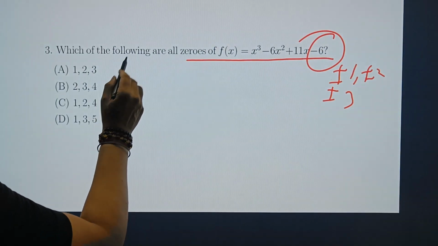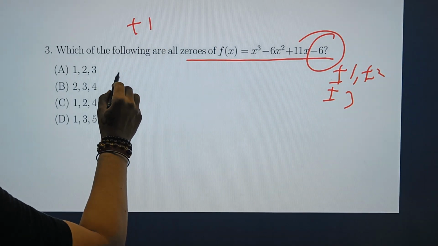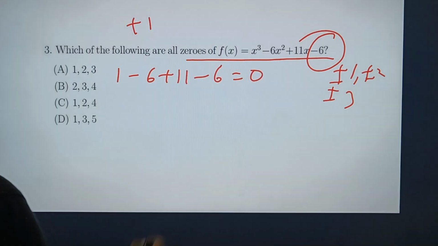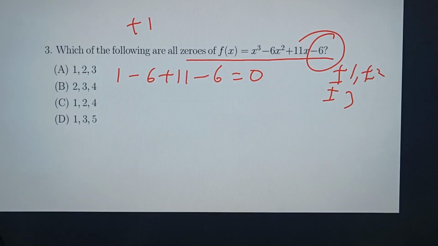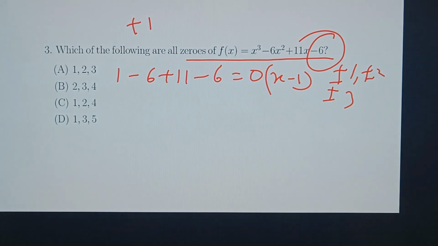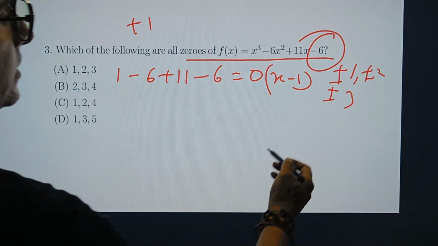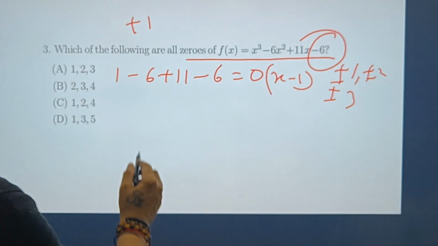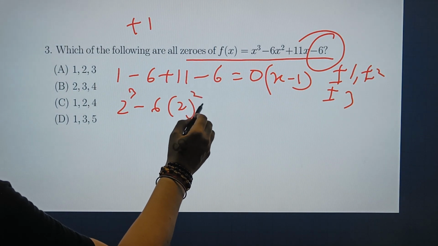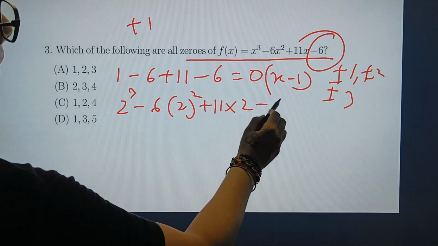If we put plus 1 here, then we get 1 minus 6 plus 11 minus 6, which is 0. That means x equals 1, or x minus 1, is a factor, right? Now we can try another factor, plus 2. So 2 cube minus 6 into 2 square plus 11 into 2 minus 6.